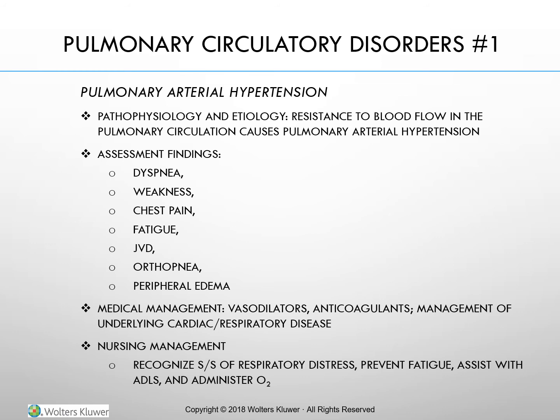PH has a poor prognosis, therefore some affected clients are considered candidates for lung or heart-lung transplantation. Nursing management focuses on recognizing signs and symptoms of respiratory distress. The nurse can reduce the body's need for oxygen by preventing fatigue, assisting with ADLs, and administering oxygen when needed.